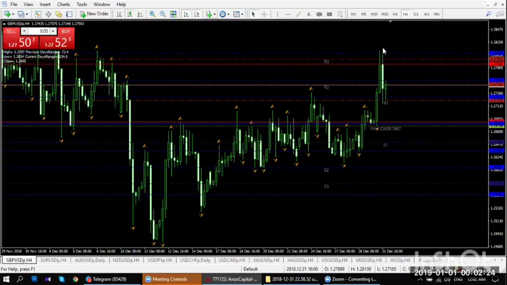You asked me a question: if I was buying here and the price was declining, I was expecting the price to retrace here. But what happened? The price declined more and more, and when it reached here, it retraced.